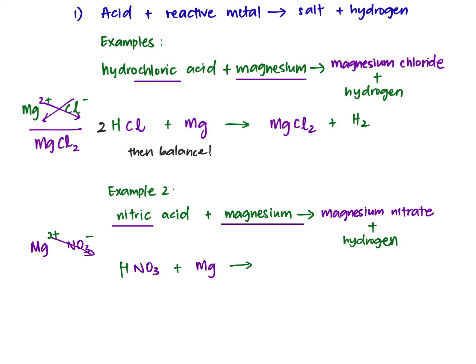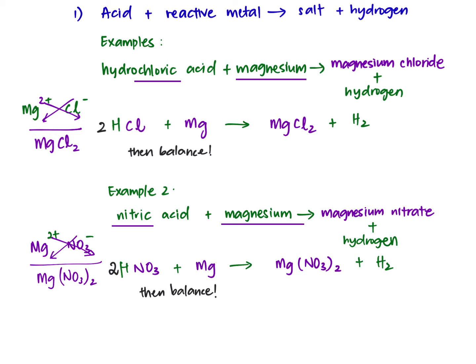Likewise, just bring down the numbers without the charges. You will get Mg(NO3)2. The whole thing inside must be bracket 2. So treat nitrate ions as one group. Then when you balance, I will put a 2 in front of the nitric acid because there's 2 sets of nitrate ions.